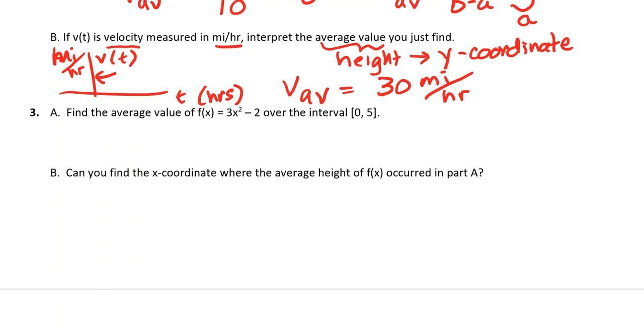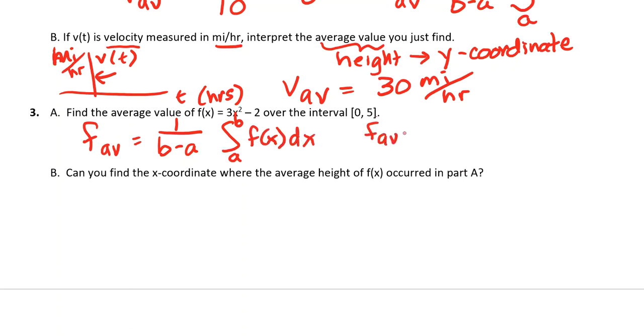All right, let's do another problem. Find the average value algebraically. We're given a function this time over this interval. You don't have to rewrite this each time, but until you get used to this theorem, let's write what it is we're going to compute.